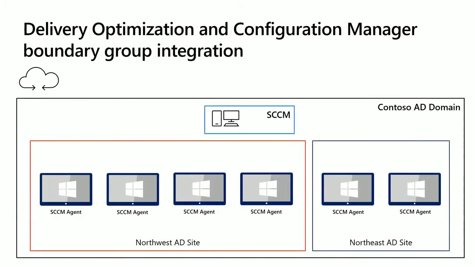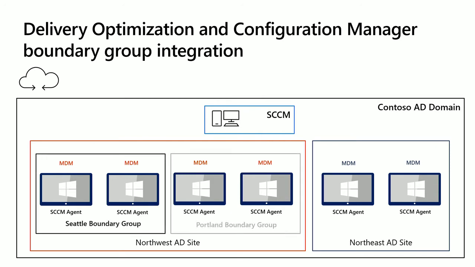To illustrate that, let's say we have a group of devices in our Northwest site. But in fact, some of these are truly in Seattle and some are in Portland. And you wouldn't want devices across these sites to try and connect to each other. They're probably crossing an expensive WAN, and you want to avoid that.